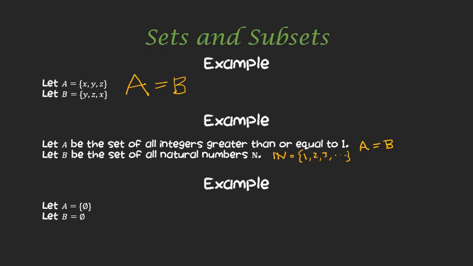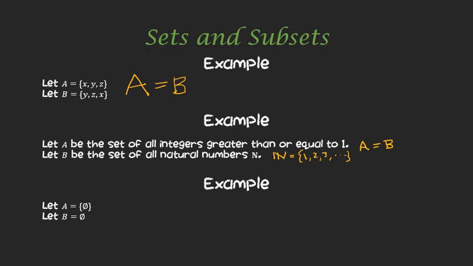Sets themselves are objects and therefore can belong to other sets. So here A is the set containing one element, namely the set that contains nothing. So this is the set containing the empty set. And B is itself just the empty set. So B is the set containing nothing.